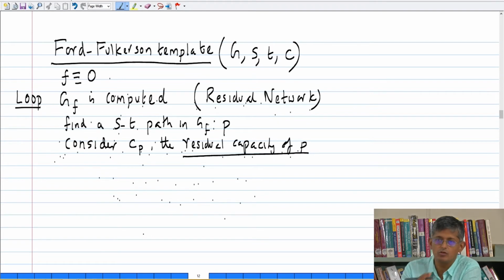This is what we did. You took a path and you decided how much flow you could assign to the edges on that particular path, without violating the capacity. This capacity will be formally defined as a residual capacity.